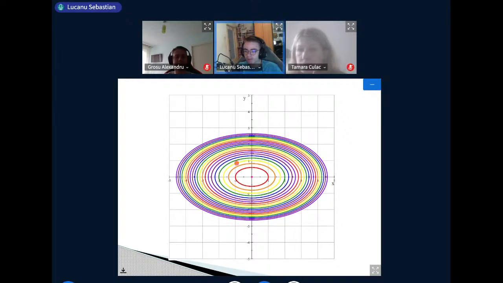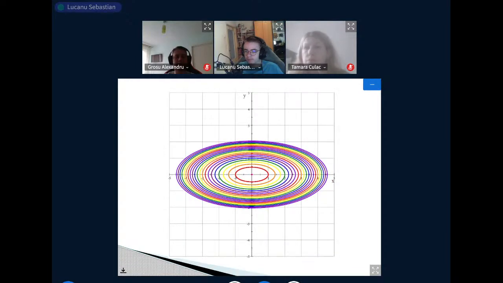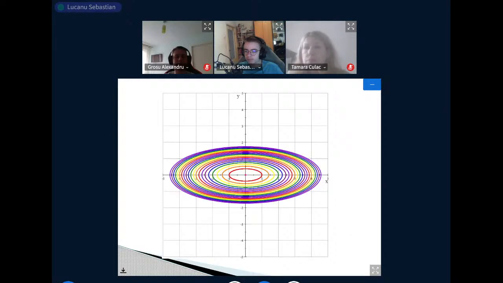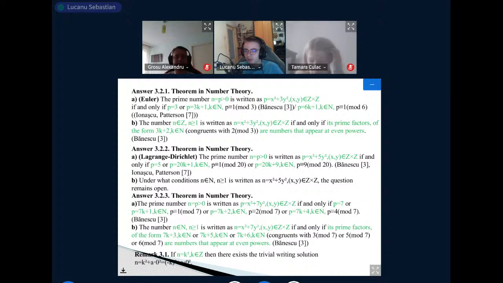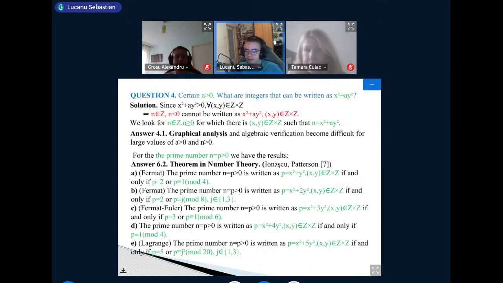Here are the graphs for each of the cases. We also used the theorem in number theory for prime numbers, and this is what we obtained.